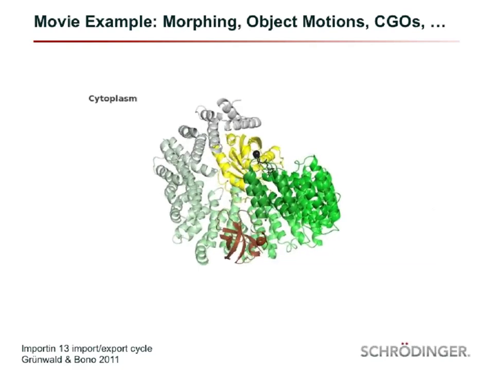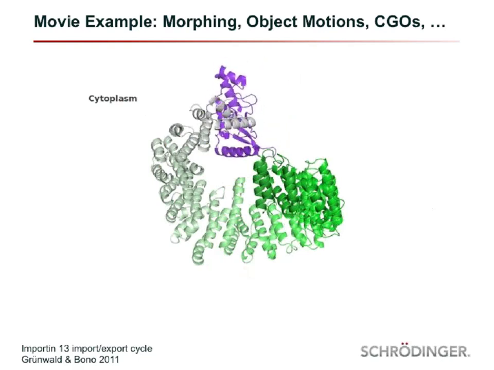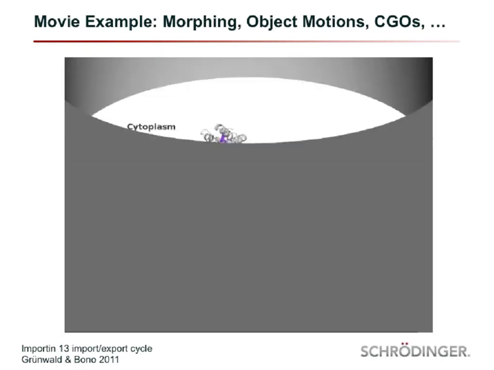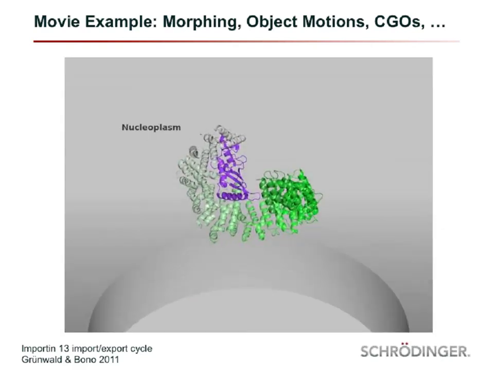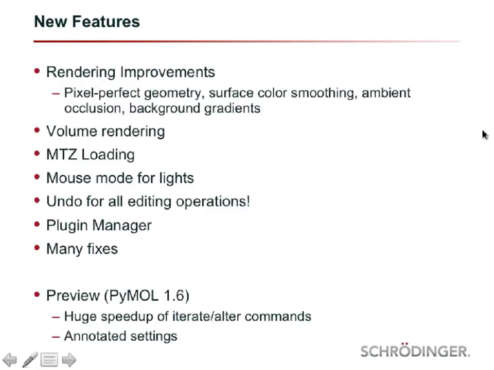This was some research at the Max Planck Institute for Developmental Biology. I was their PyMOL support and their movie maker, but they were really doing nice stuff. Okay, so much for the example.